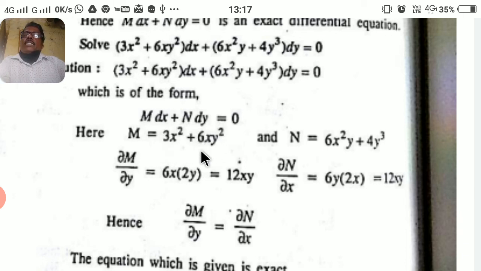Only the second term needs to be differentiated with respect to y. Differentiation of y² is 2y, times 6x, that is 12xy.